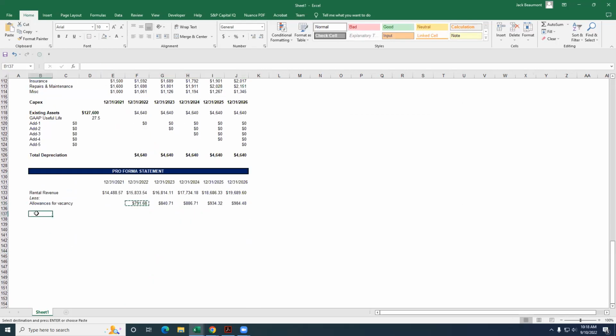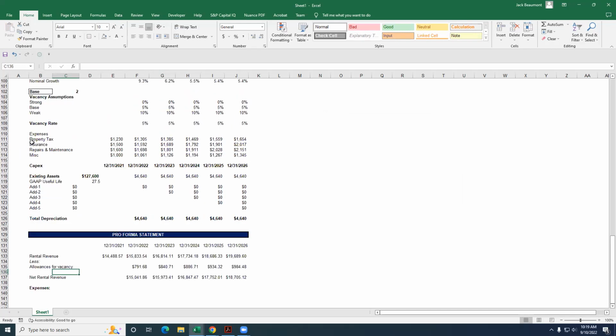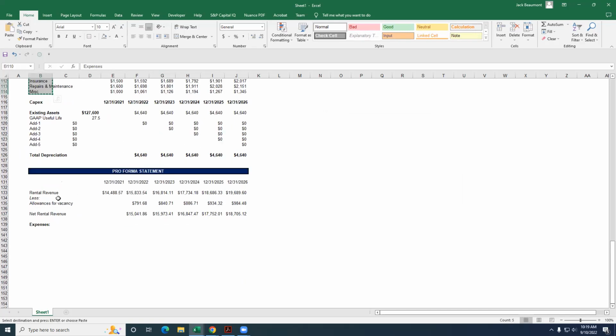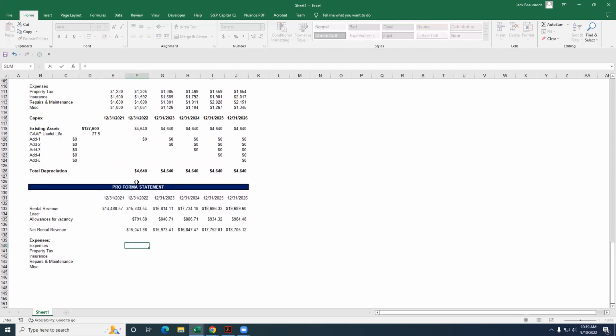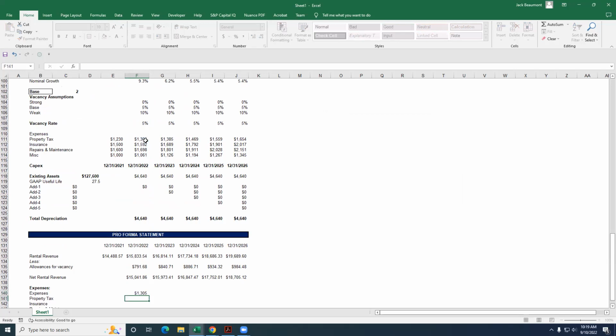Okay, and then we get our net rental revenue equal rent less vacancy. Okay, and then we're going to build in our expenses. I guess I already calculated, didn't I? So we can just copy them over then.